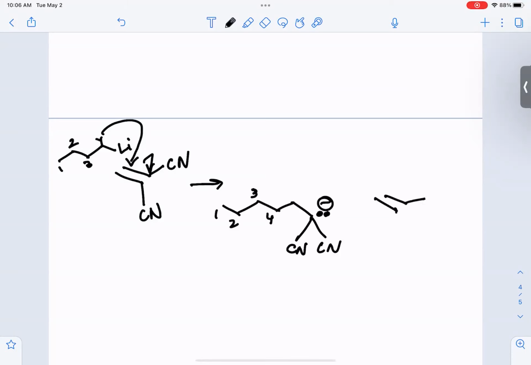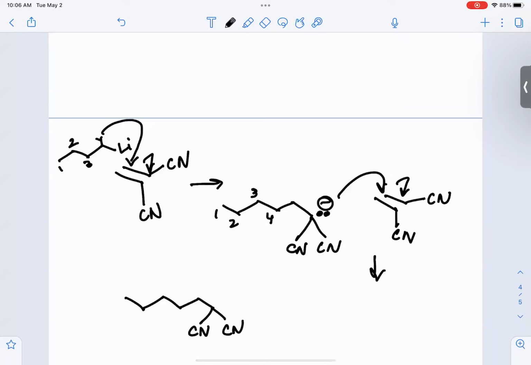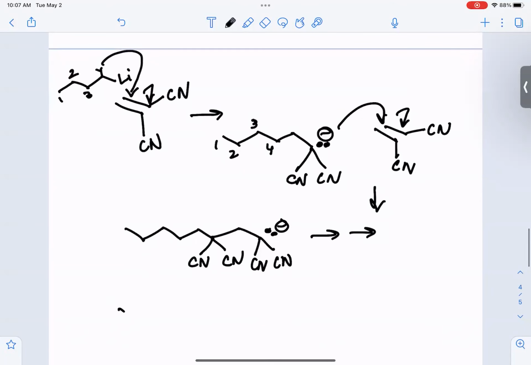Then we can react with more monomer, so that our chain grows.